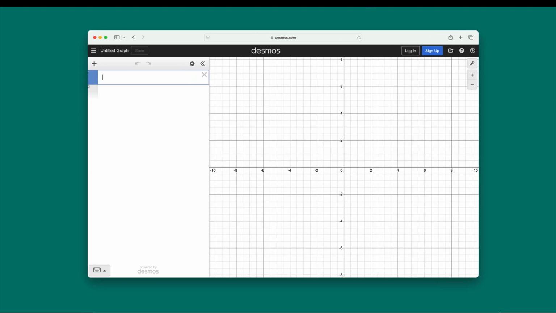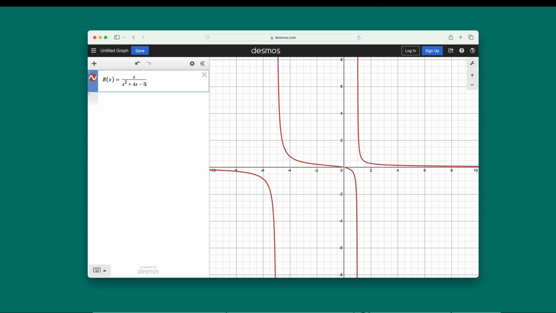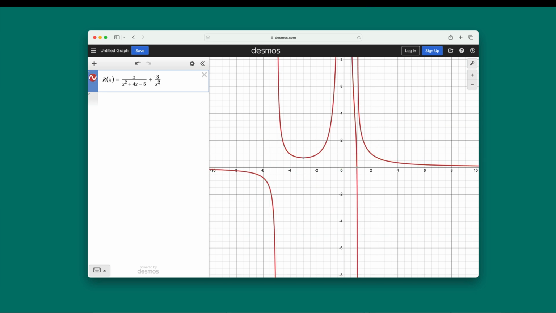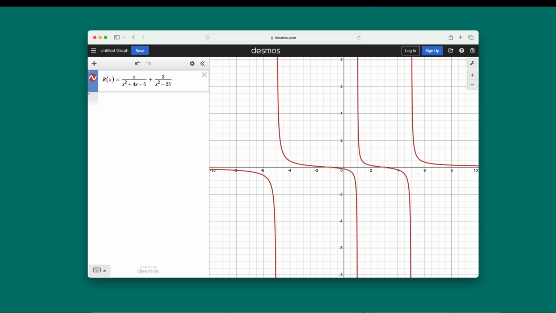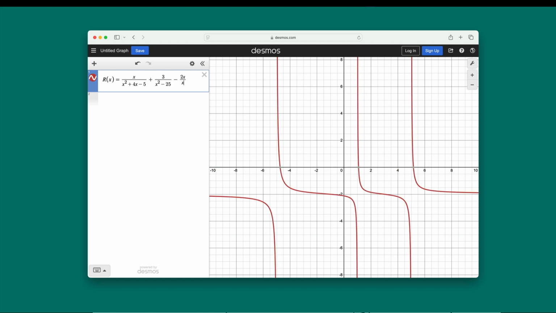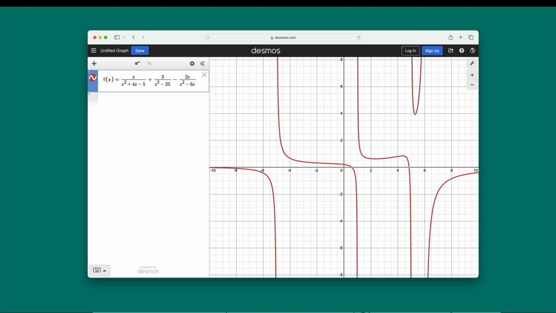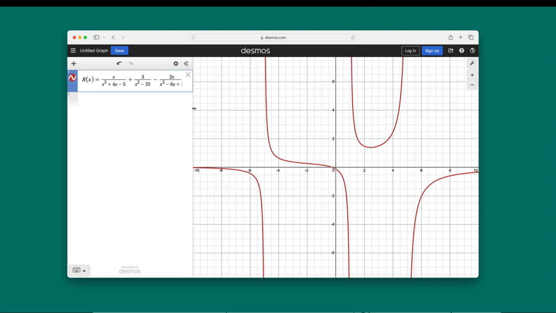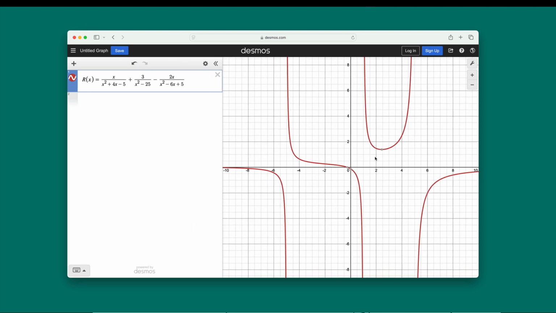All right, so my function r of x is equal to the first fraction that we originally defined, x squared plus 4x minus 5 plus 3, all over x squared minus 25, and then minus 2x over x squared minus 6x plus 5. Okay, so there's our rational function.